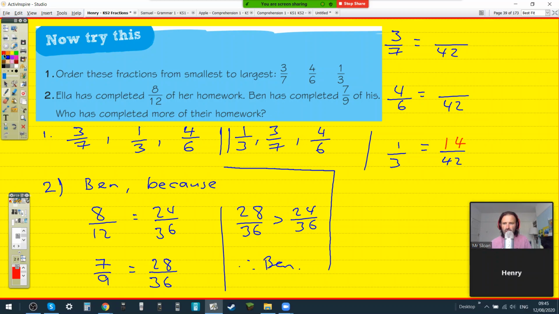Because 7 times 6 makes 42. So I just times 3 by 6, and 3 times 6 is 18. And then for 4/6, I had to times 6 by 7 to get 42. So then 4 times 7 is 28.